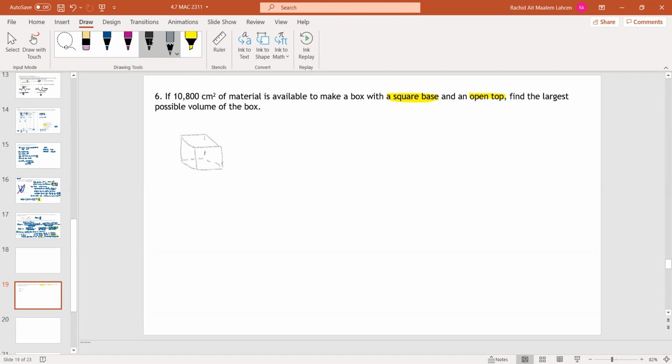Something like this. You can see that the bottom of the box, if this is B, then the area of the base is B squared, and this is H, the height.